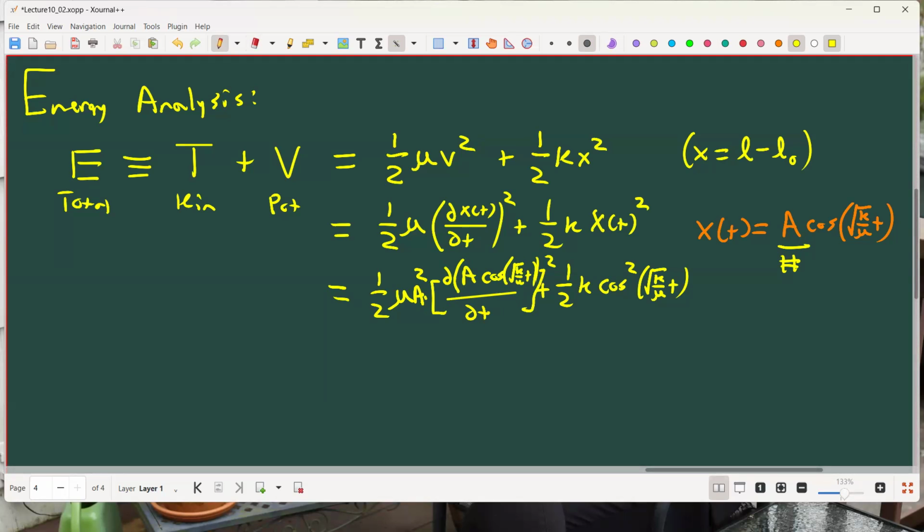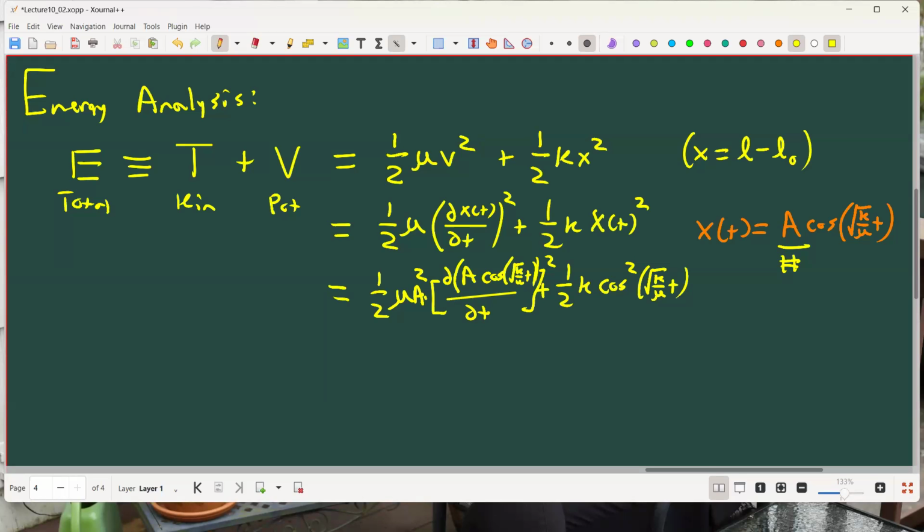That's easy enough to do. The derivative of cosine is negative sine, so we can just evaluate that immediately. The negative goes away because it's all squared. So we're going to get a minus sine omega t, and then we square that, so it's going to be a squared sine squared omega t.